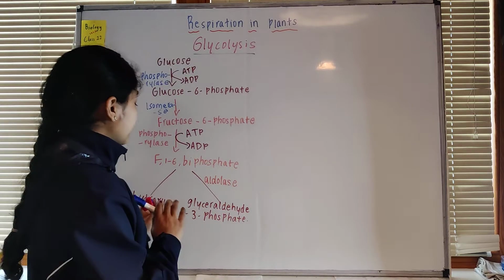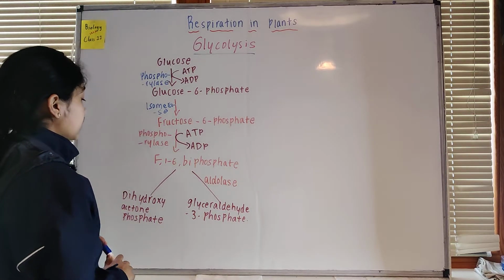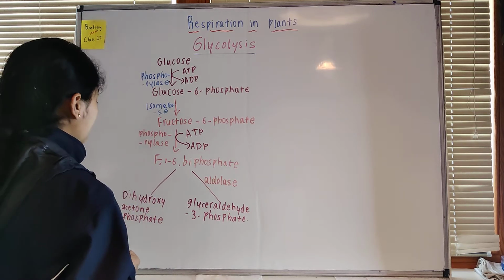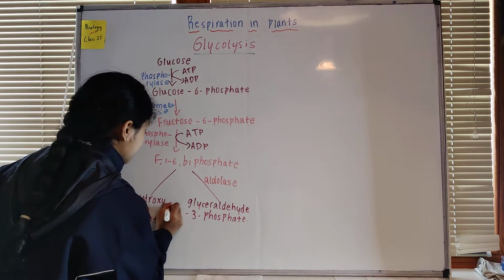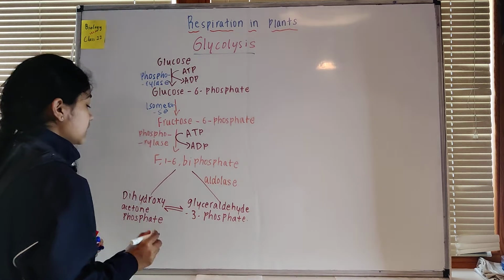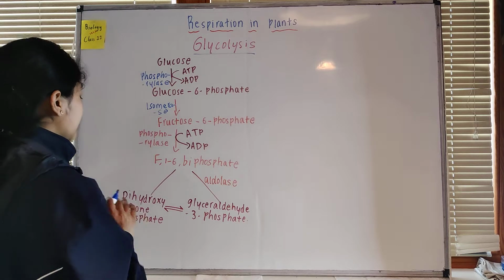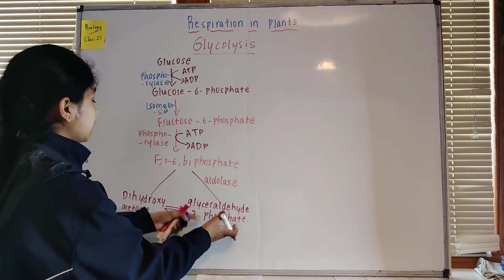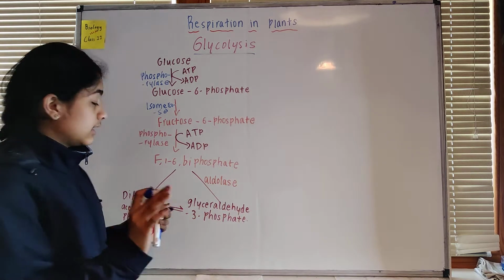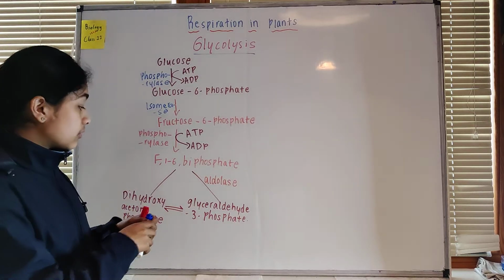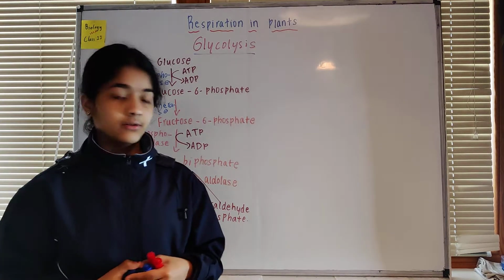These two compounds are isomers of each other, and they are interconvertible. That means dihydroxyacetone phosphate can be converted into glyceraldehyde 3-phosphate, and this compound can also be turned into the other.